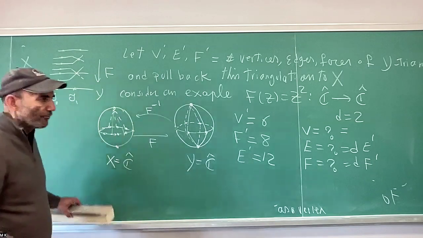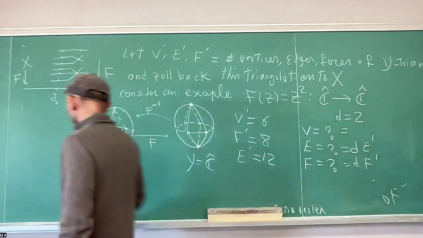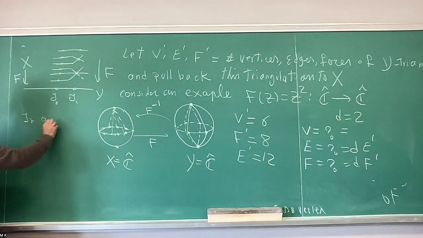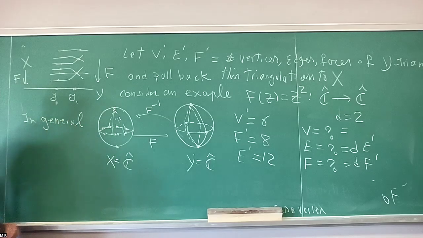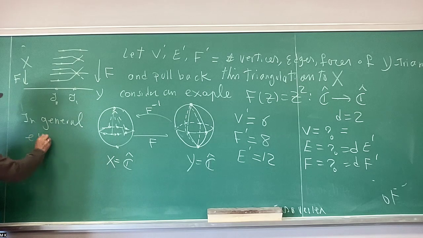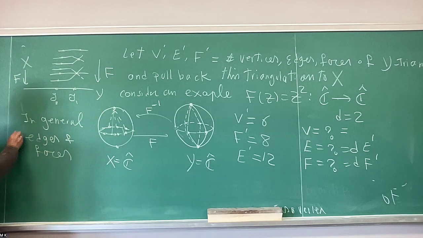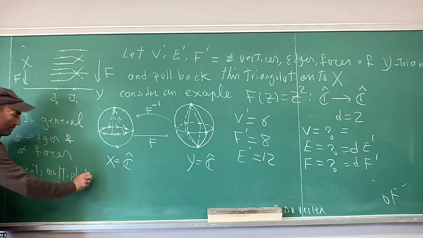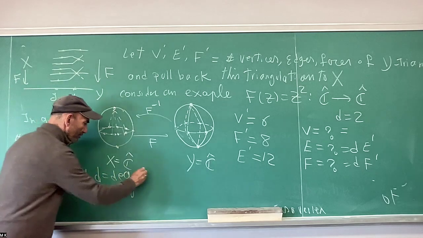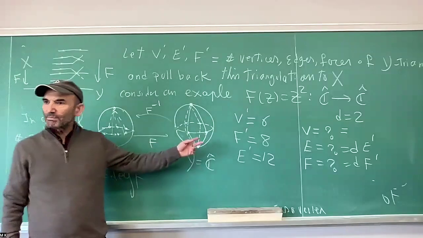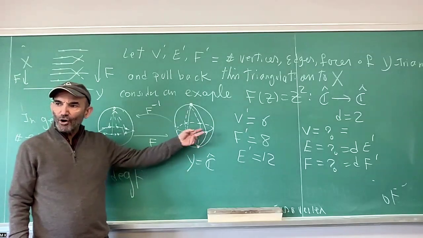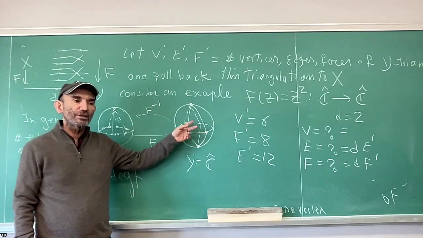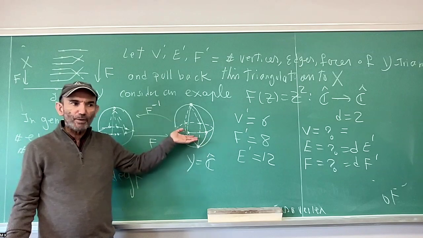Okay, so let me write the general formula now. In general, the number of edges and the number of faces gets multiplied by the degree of F. And you can understand why this is the case, because each edge comes through points that are not branch points, and around those points, the map is D to 1.